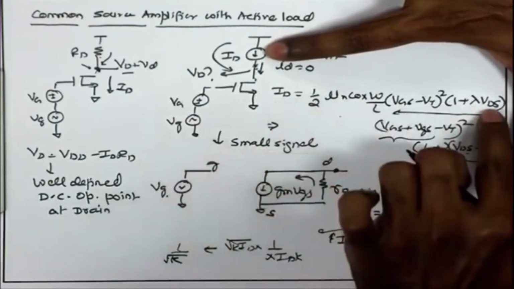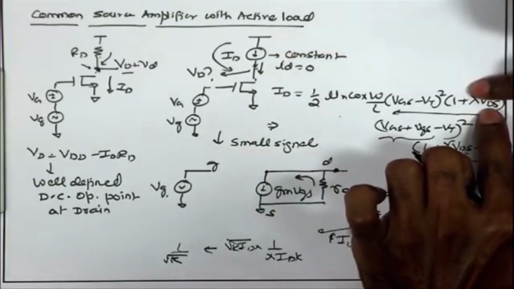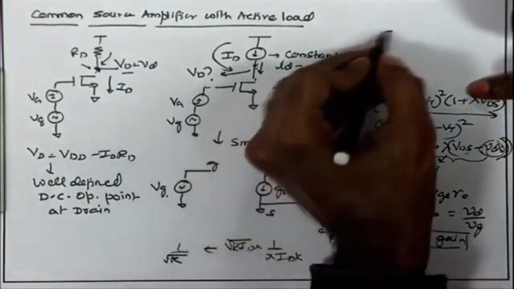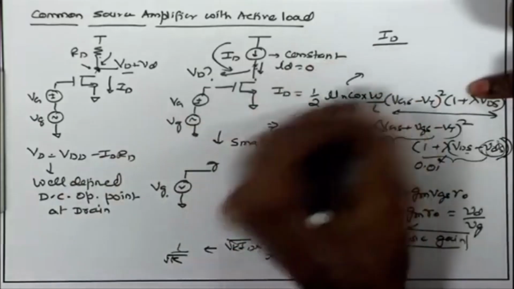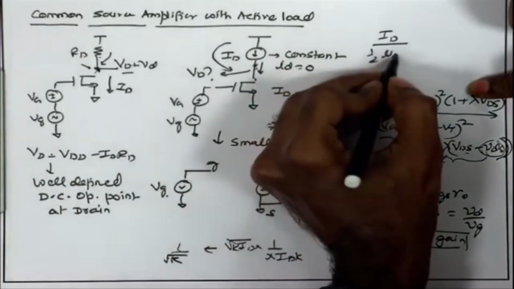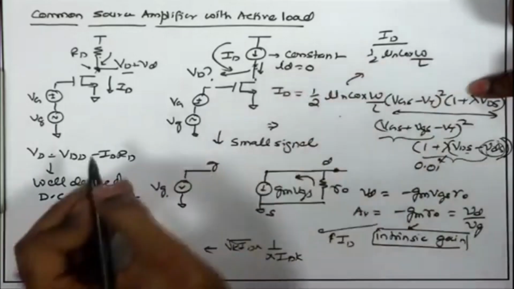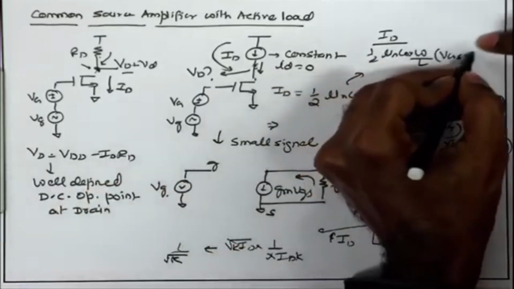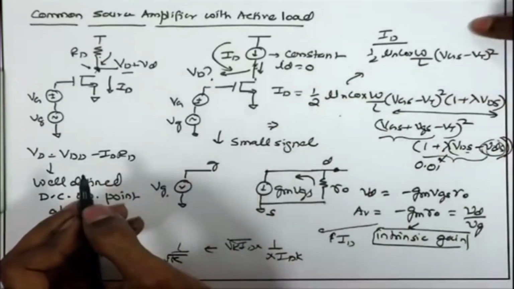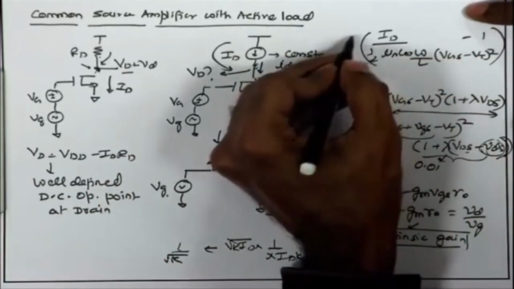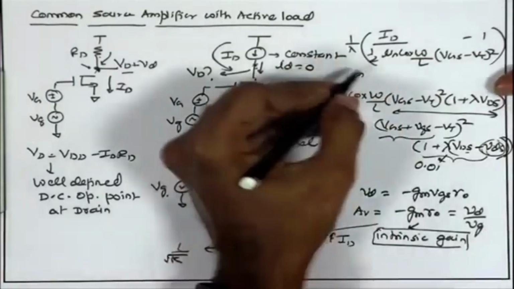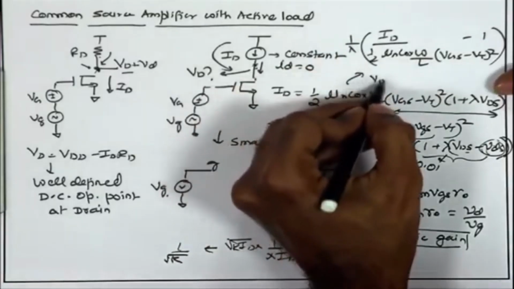So, the Vds from this equation, if I want to find out, this will be Id upon this constant factor, which is 1 upon 2 mu n Cox W by L Vgs minus Vt square, minus 1 upon lambda. So, that is the value of Vd that I expect.